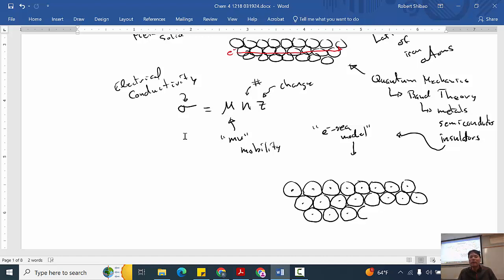So what can happen here is the nucleus. What is the charge on the nucleus? Positive. And so I have a positive nucleus here, and so that could transport electricity. I have a lot of nuclei, and 55, 56 grams of iron is a mole.